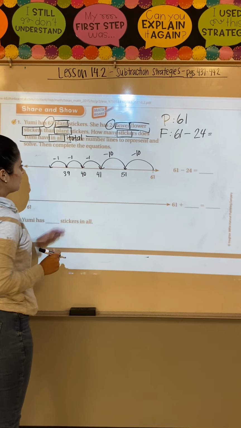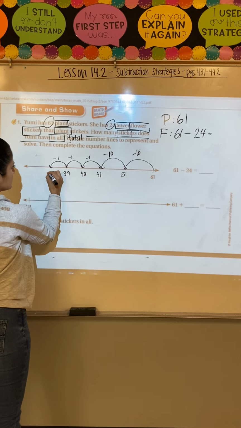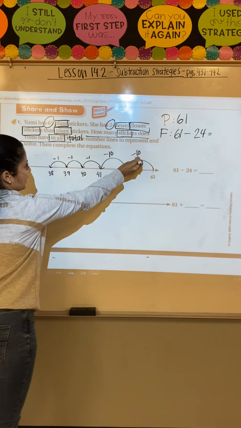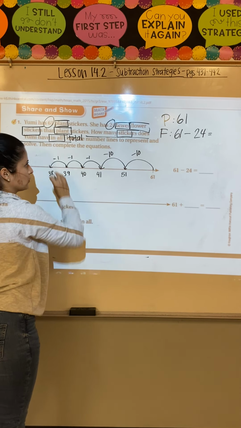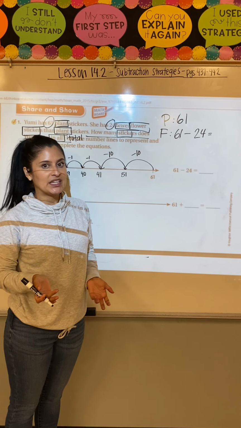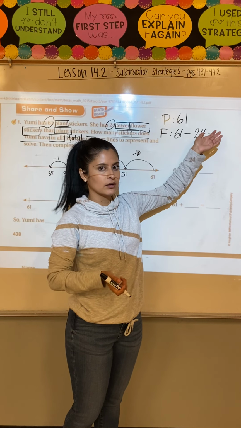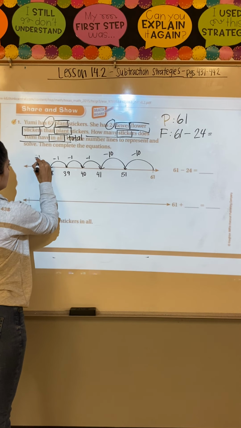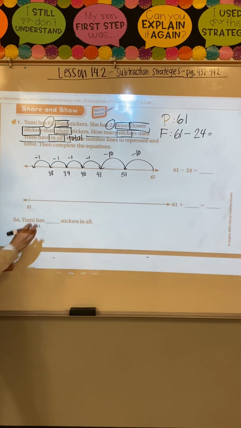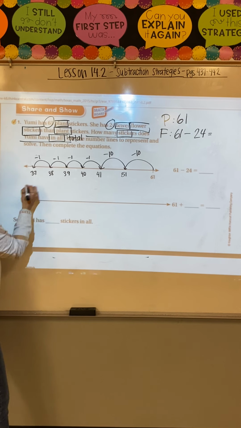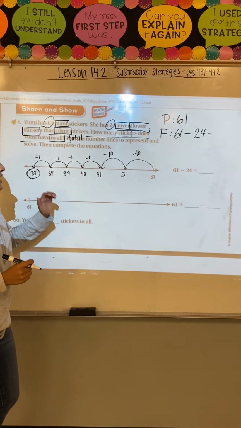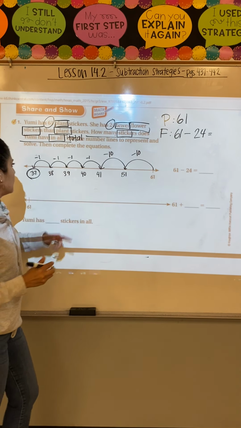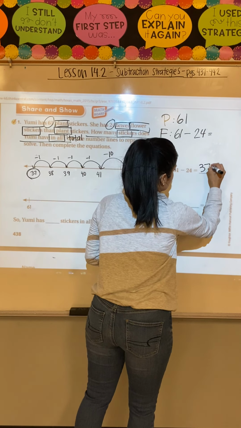Minus 1 again. 39 minus 1 is 38. 10, 20, 21, 22, 23. Okay, how much more do we need to get to 24? One more. So let's subtract one more. 38 minus 1 is 37. So 61 minus 24 is 37.